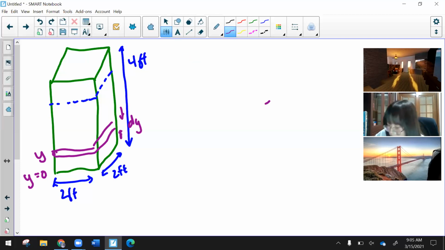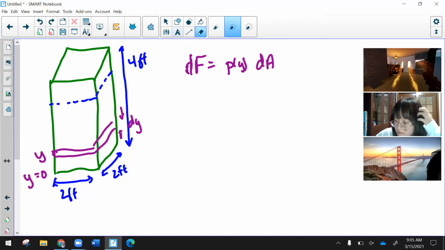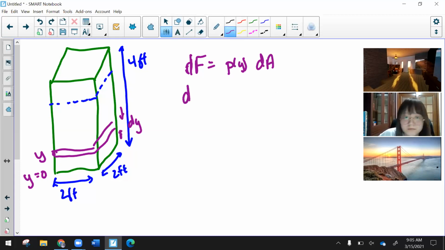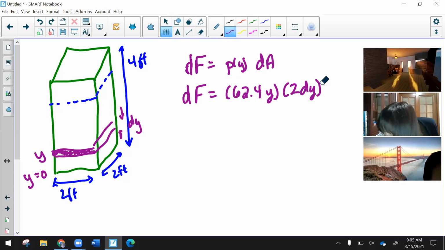And I'm going to say everything that I said before, that dF is equal to p of y times, actually, we'll call it dA, or at least the area of that little thing. So dF, it's still going to be 62.4 times y is going to be my pressure. And now the area on my side here is 2 dy.